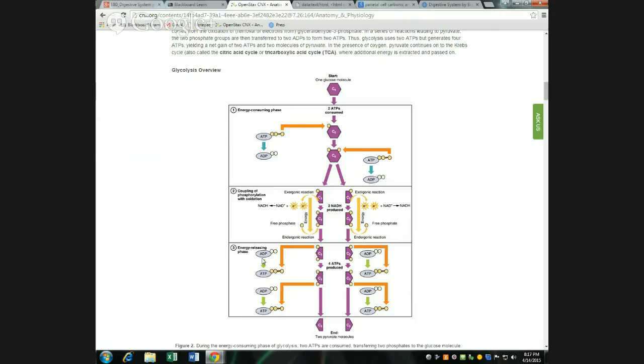And that ATP is made in the end here. We get 4 ATP molecules in the end. We put 2 in to start, we get 4 out at the end for a net gain of 2 ATPs. Okay? And with that, we have some electrons that have been harvested and the 2 pyruvate molecules.